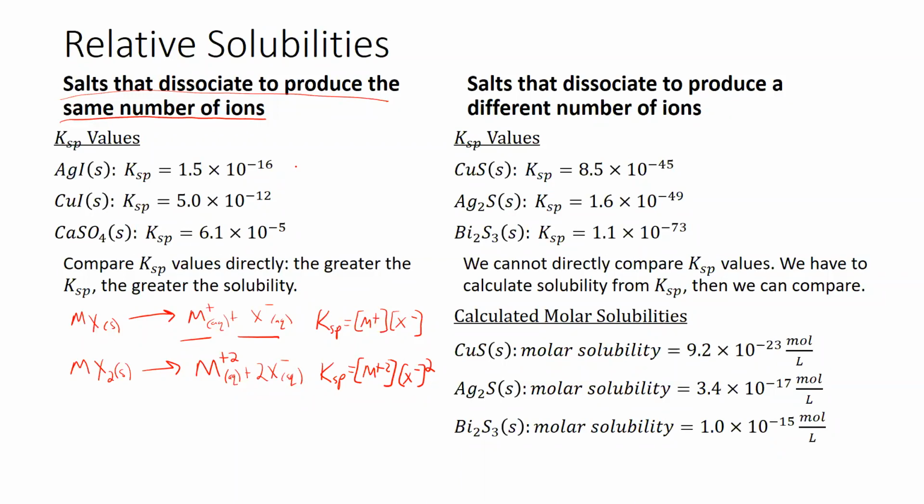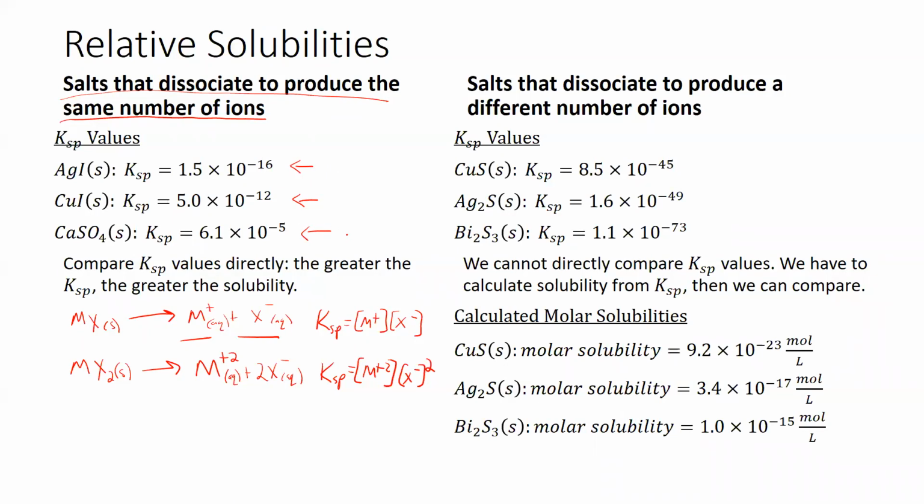So if you were to compare something like silver iodide to copper iodide, to even something like copper sulfate, you could compare these solubilities just based on the KSP values, because they dissociate into 2 ions. So you know that those KSP values are reasonable measures of the relative solubilities of those 3 compounds.